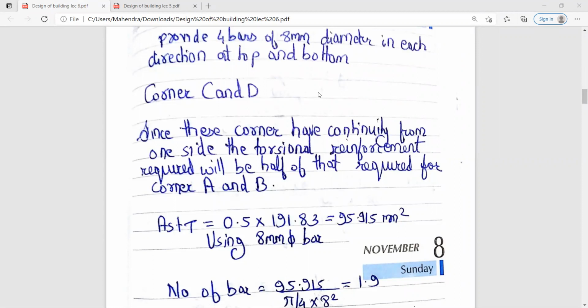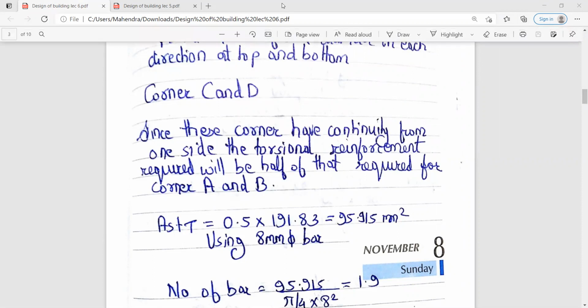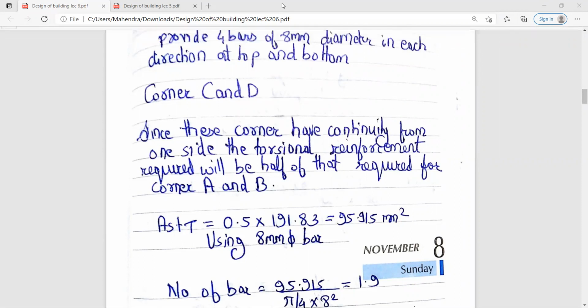So for C and D, your torsional reinforcement AST will be 0.5 into AST for A and B. The AST for A and B was 191.83. As we are considering half for C and D, you need to multiply it by 0.5. So the AST for the C and D corners is 95.915 mm square.